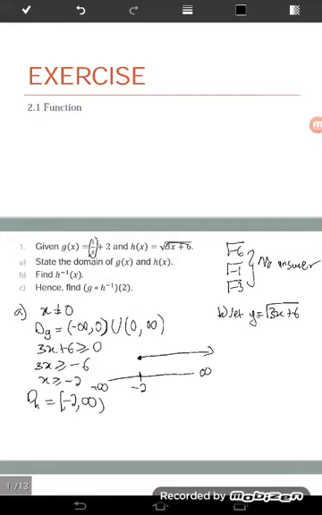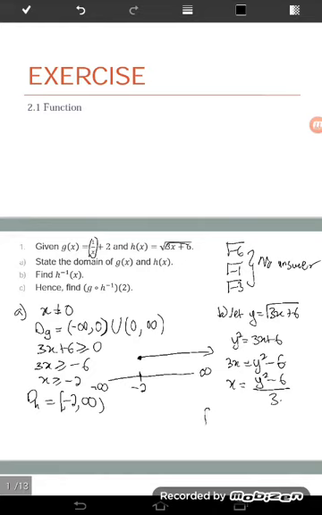The square root, bring to the left, so we have y to the power of 2 equal to 3x plus 6. Then 3x is equal to y squared minus 6, bringing the positive 6 to the left. And then x is equal to y squared minus 6 divided by 3.